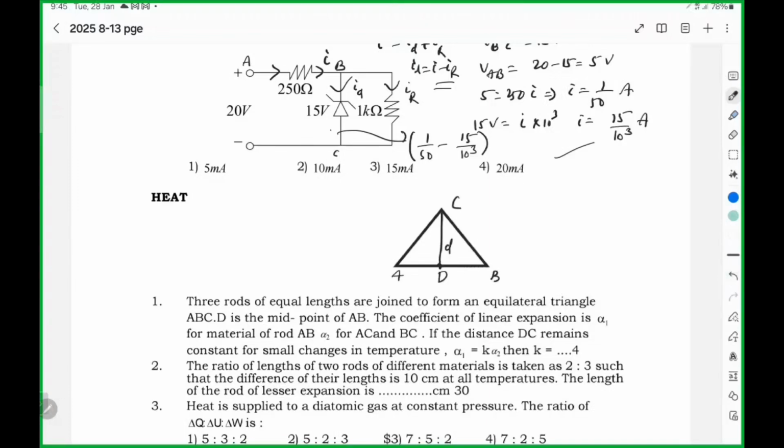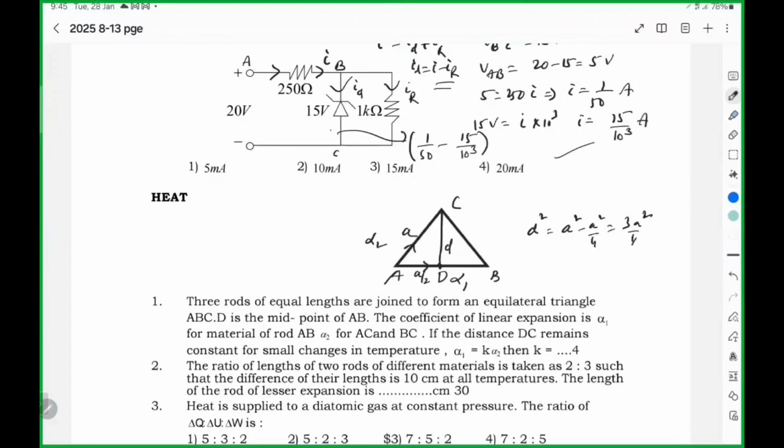This length, let us say D. Here A, it is A by 2. D square will be A square minus A square by 4, that is 3A square by 4. The coefficient of linear expansion is alpha 1 for AB and alpha 2 for AC.